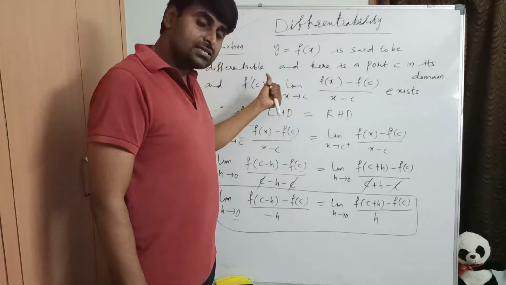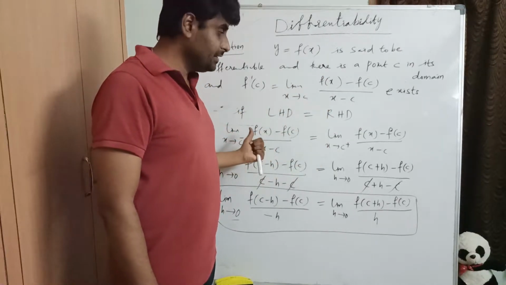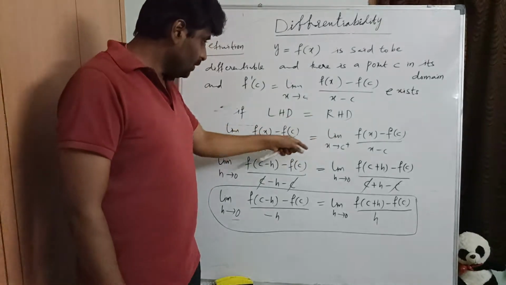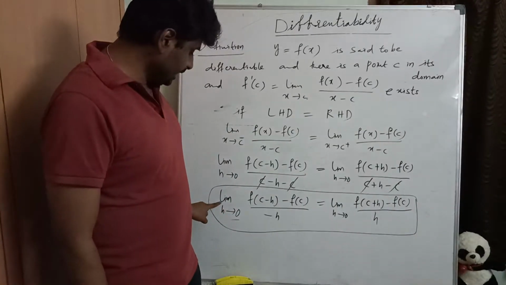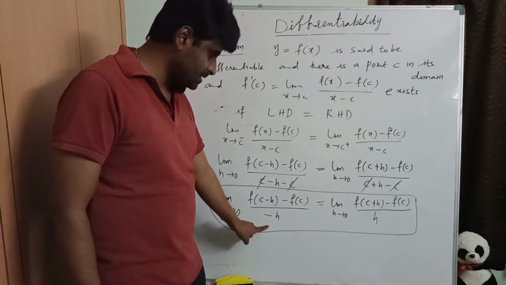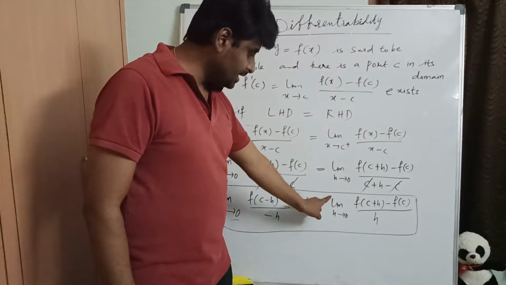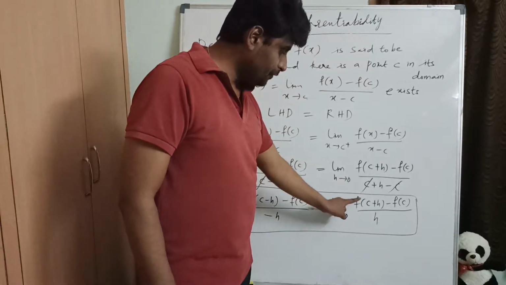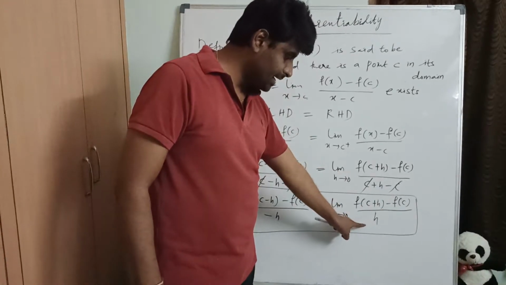Whenever LHD equals RHD, left hand derivative equals right hand derivative. So what is the left hand derivative here? Limit h tends to 0, f of C minus h minus f of C by minus h equals limit h tends to 0, f of C plus h minus f of C by h.